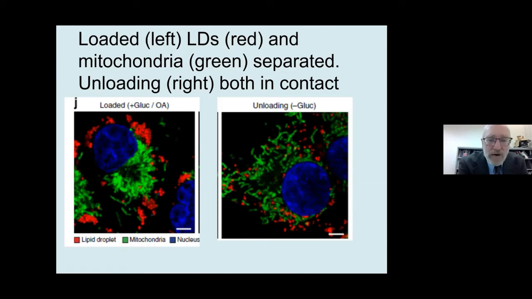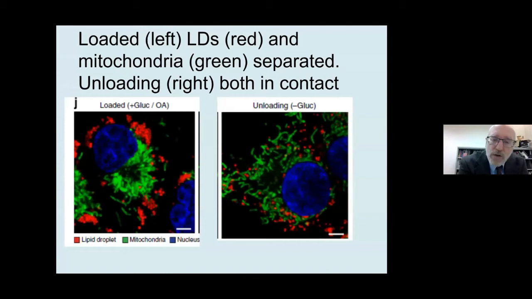And so when there is both a source of lipids like oleic acid and glucose, you have a separation between the mitochondria and the lipid droplets. And you can see that in this left-hand picture where they're pretty much separate from each other. And so under these conditions, you don't really have much of a transfer of lipids from the lipid droplets to the mitochondria. The mitochondria are not using lipids from the lipid droplets.